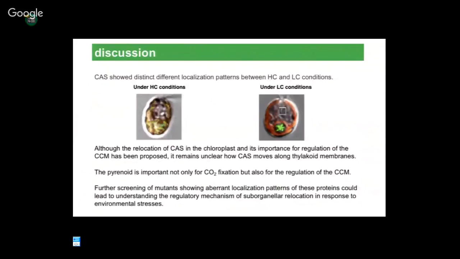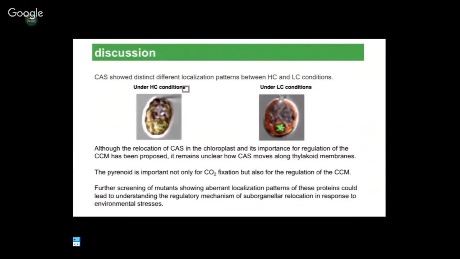One question. Maybe I didn't understand. I just want to make it clear: are these two different cells, or did you see the protein move dynamically? Yes, it is under different conditions of CO2 concentration.